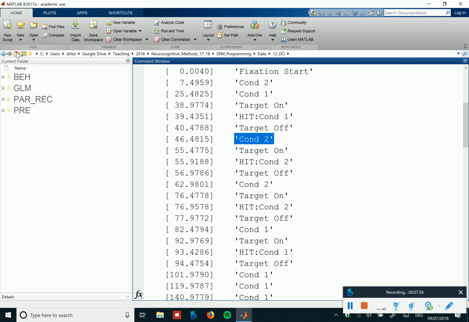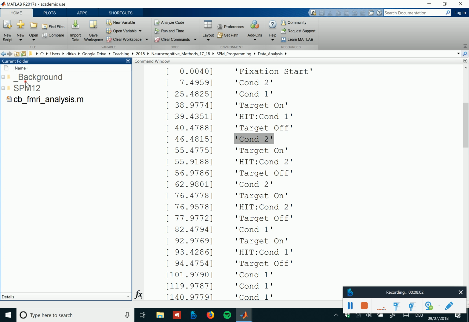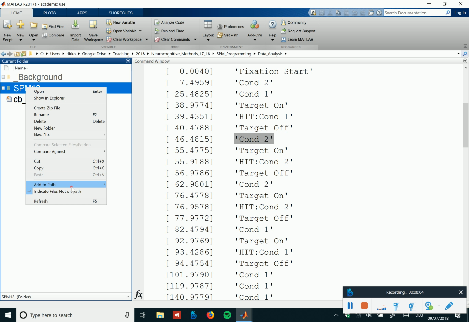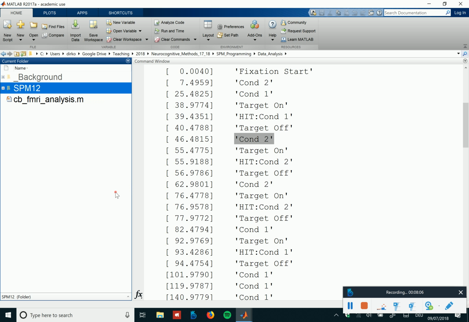We can look at that from the SPM GUI if we want to make that clear.